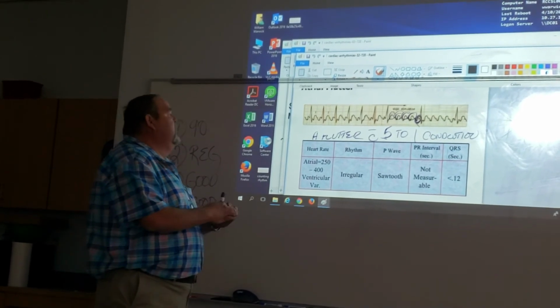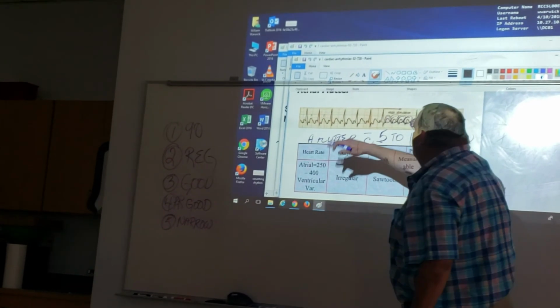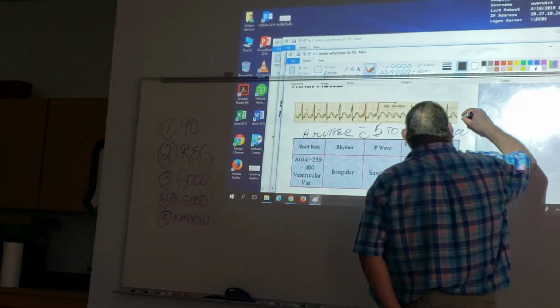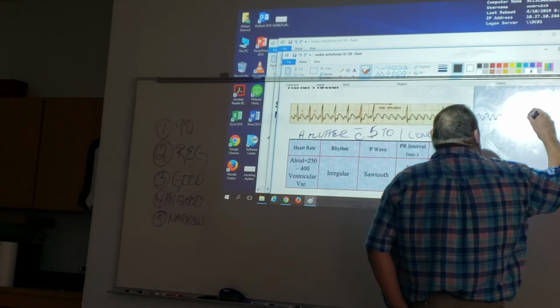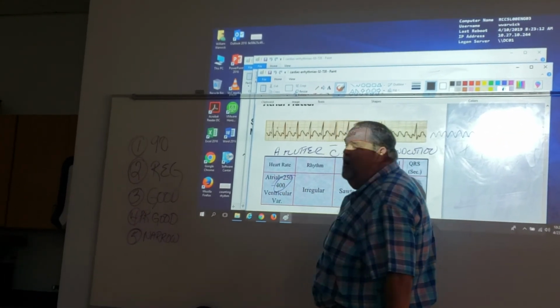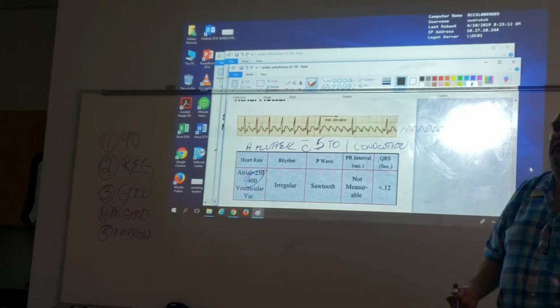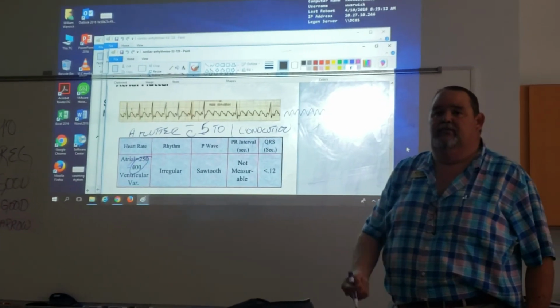All right, so if you looked at this rhythm right here on the monitor with no QRSs, like I showed you, it's going to be organized and slow. The rate's usually what? Right here, 250 to 400. Well, if you're dealing with atrial fibrillation, you're dealing with a rhythm that's 350 to 750.